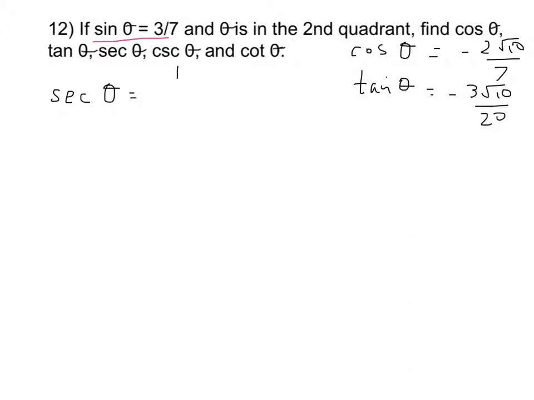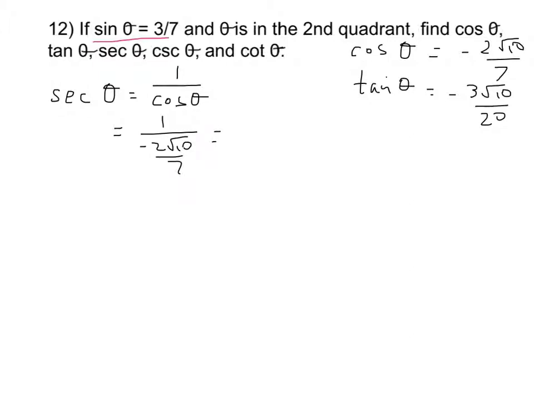The secant of theta is the same as 1 over the cosine of theta. So if I look over here, my cosine is negative 2 radical 10 over 7. So my secant of theta can be found by doing 1 over negative 2 square root of 10 over 7.